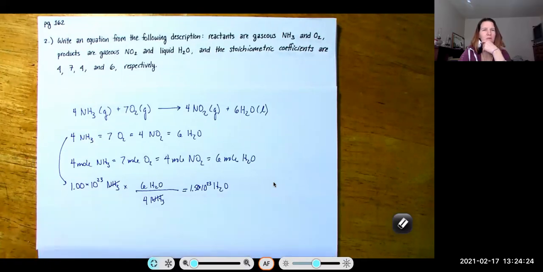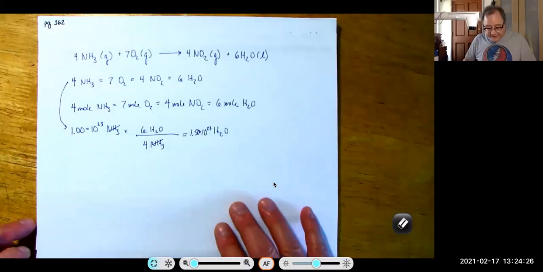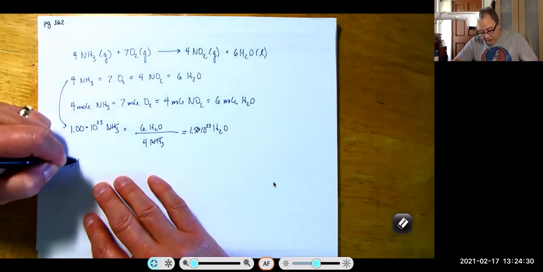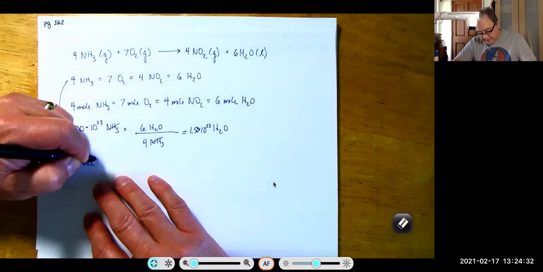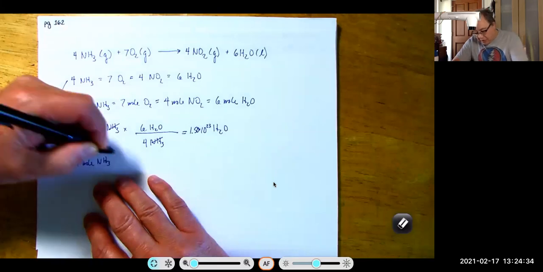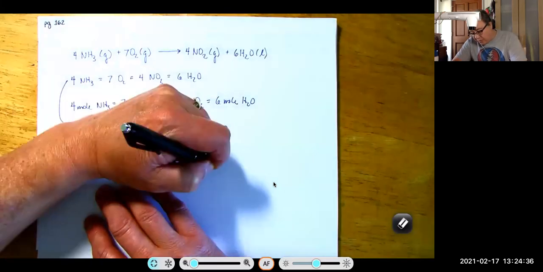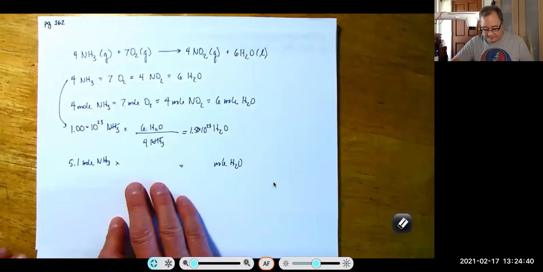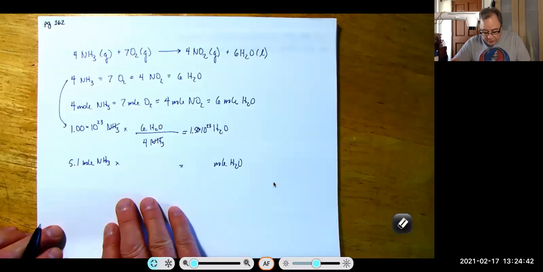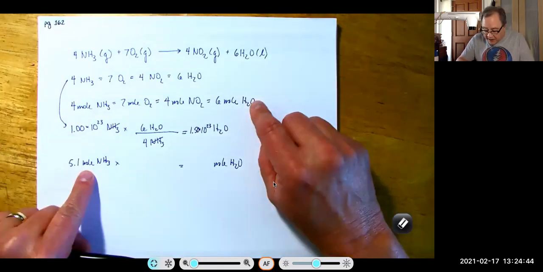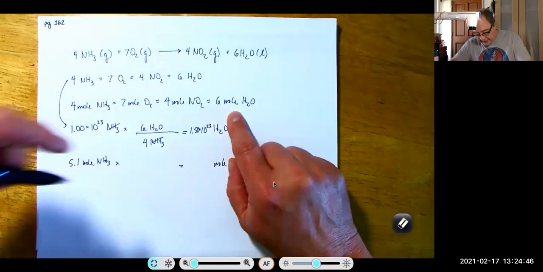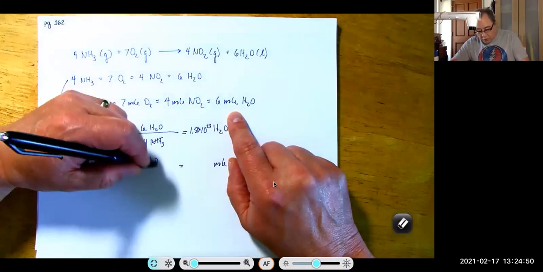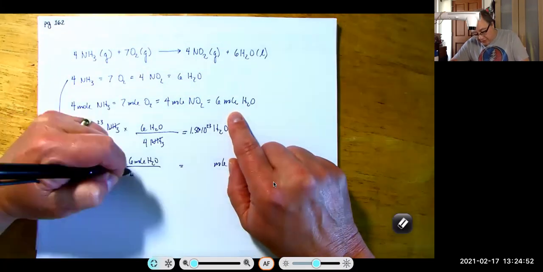Yeah. Now, what if we had instead 5.1 mole of NH3, and I wanted to know how many mole of H2O we were going to make? What would we multiply by here? And here, since we have moles, we would use this bottom line, and I would say 6 mole of H2O per 4 mole of NH3.